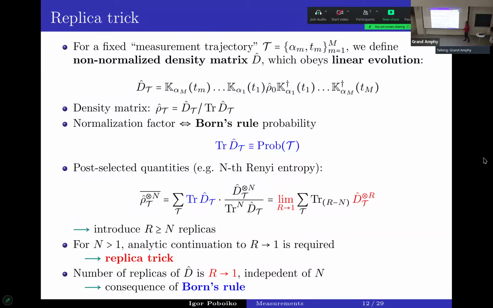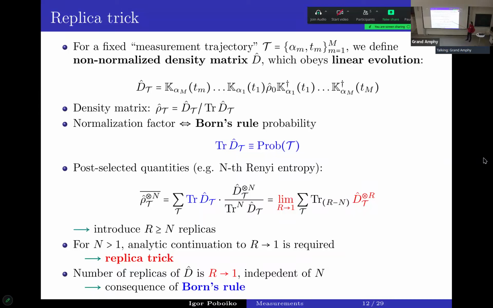Namely, if you want to average any observable which can be rewritten in terms of n copies of your original density matrix, for example, you can take the second Rényi entropy, which is trace rho squared, and n is equal to 2. You just take this formula, and you get rid of the denominator using the usual replica trick.